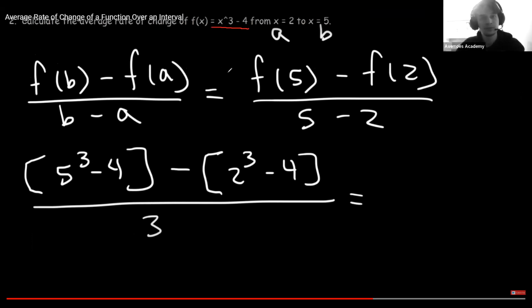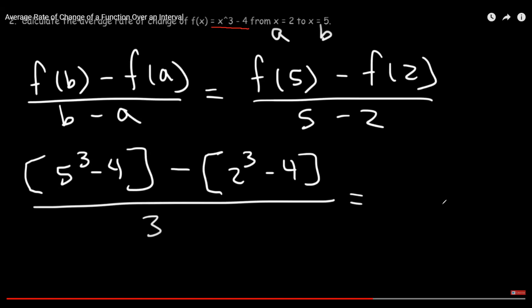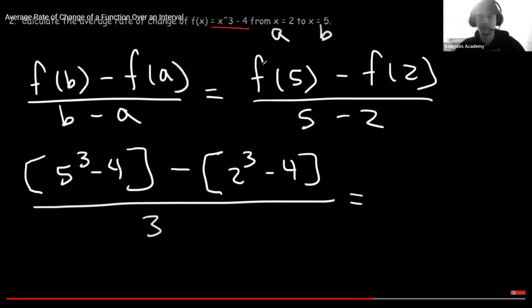But still, the algorithm for finding the average rate of change is going to remain the same. So, no matter what your initial formula looks like, you always stick to this formula for the average rate of change.